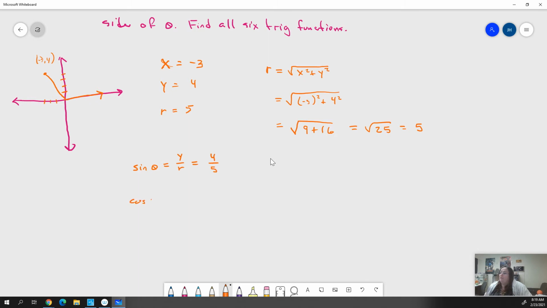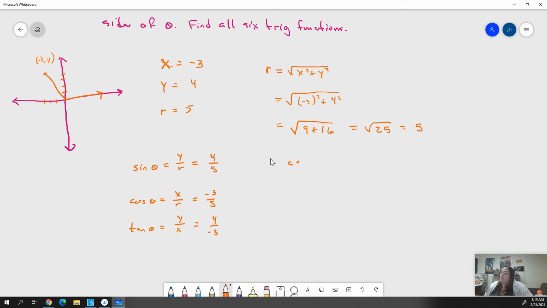Then we have cosine of theta, which we know is x over r, which is just going to be -3 over 5. Tangent of theta we know is y over x, so we're looking at 4 over -3.